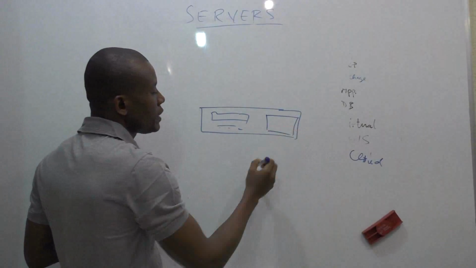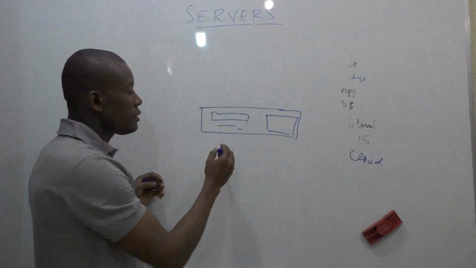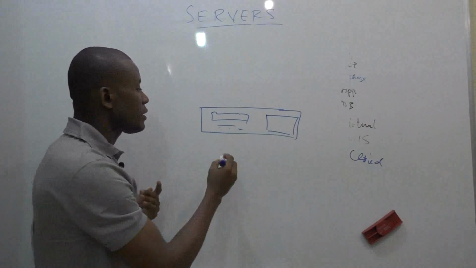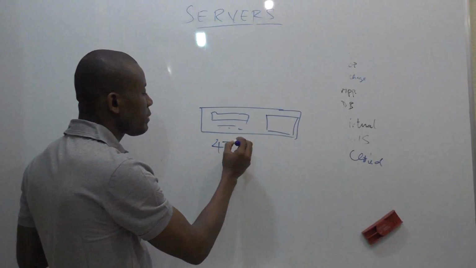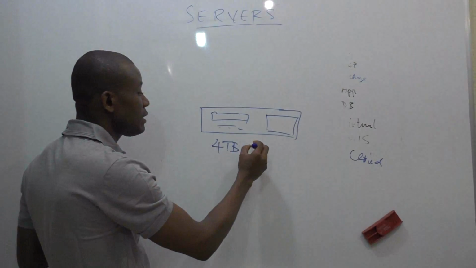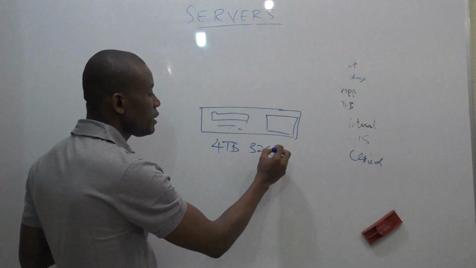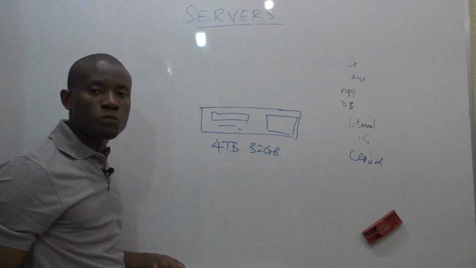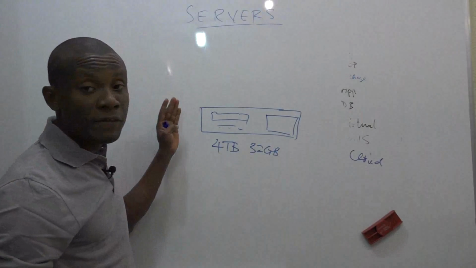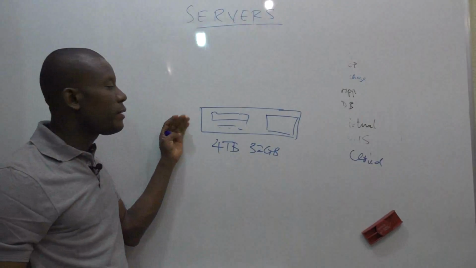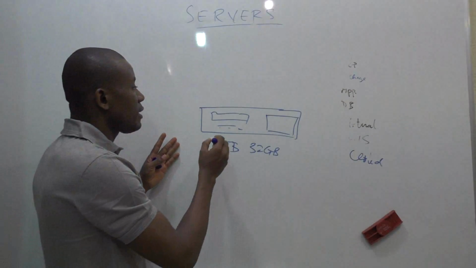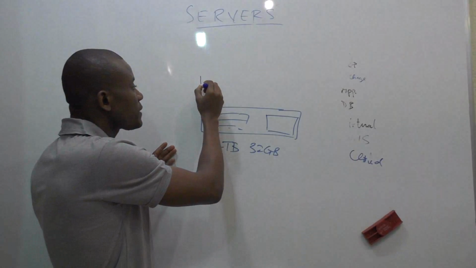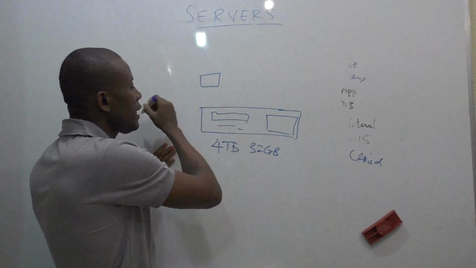Okay, so this is a very big machine, an HP ProLiant server hardware, maybe 4 terabytes of hard disk and then 32 GB of RAM. Now this is a physical server. Now you can actually make out a number of servers from here.